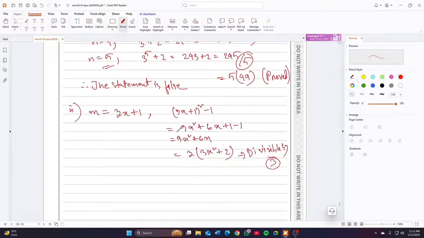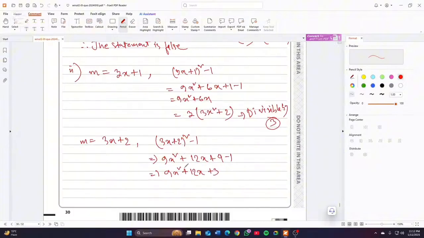Again, we can take another value for m, say 3x plus 2. For this, 3x plus 2 whole squared minus 1 gives us 9x squared plus 12x plus 4 minus 1, and this is 9x squared plus 12x plus 3.